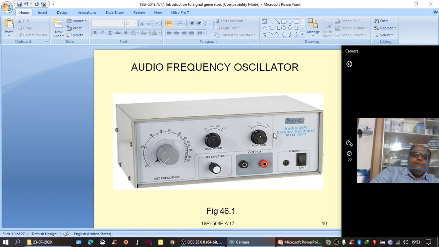And here you have a function selection knob.